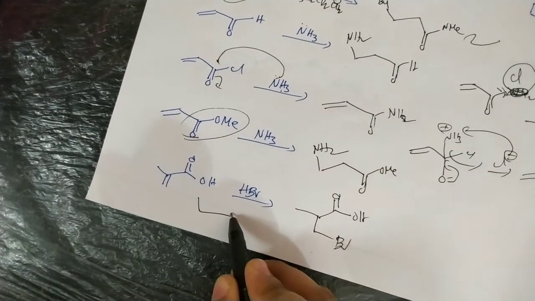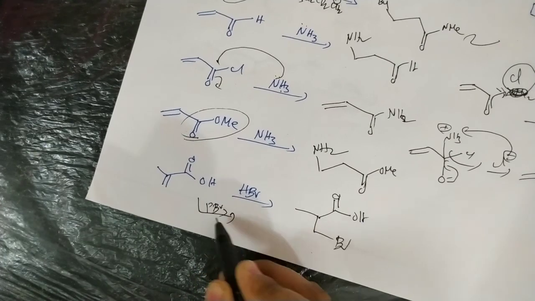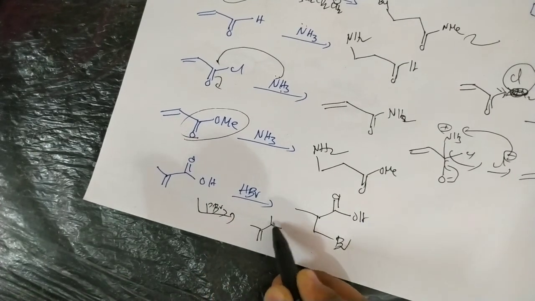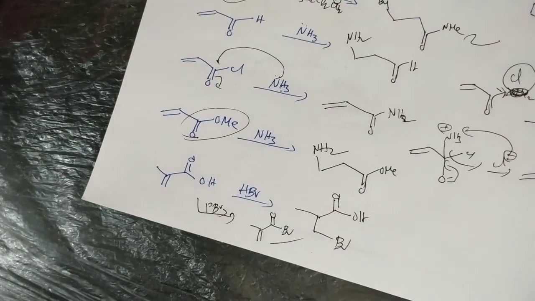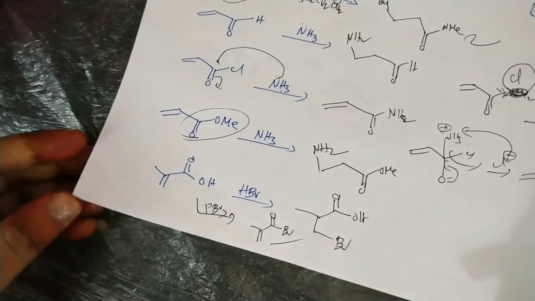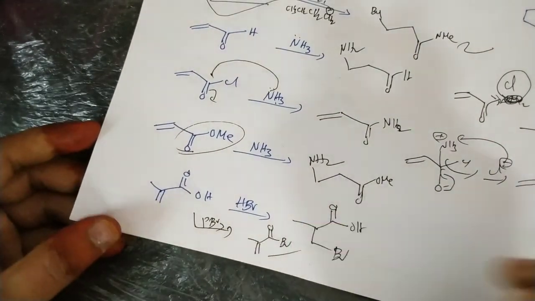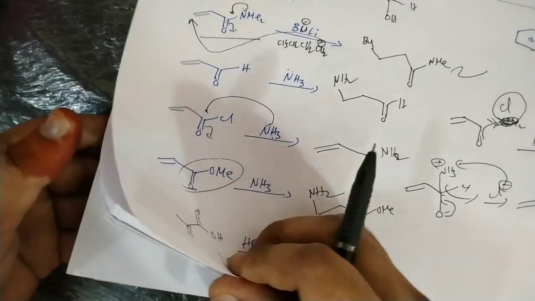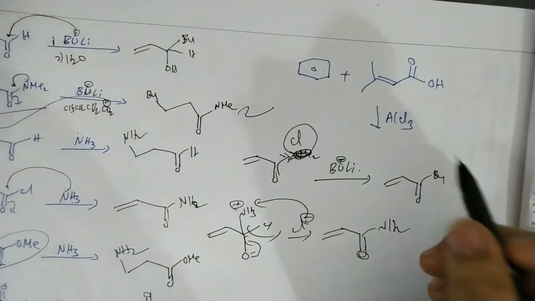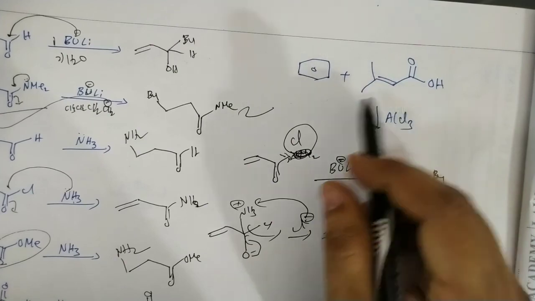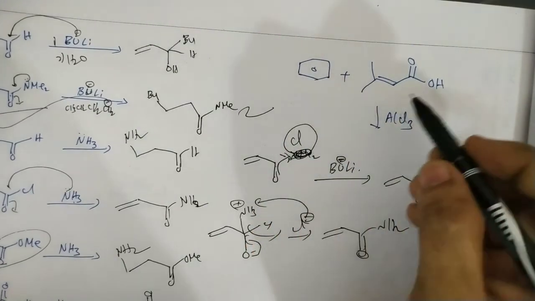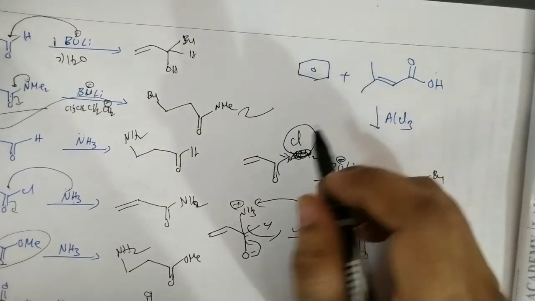Suppose this compound reacts with PbR3, so this is the product actually. With HBr, conjugate addition takes place. And one more example here: benzene and an alpha beta unsaturated carboxylic acid. Here also conjugate addition takes place.